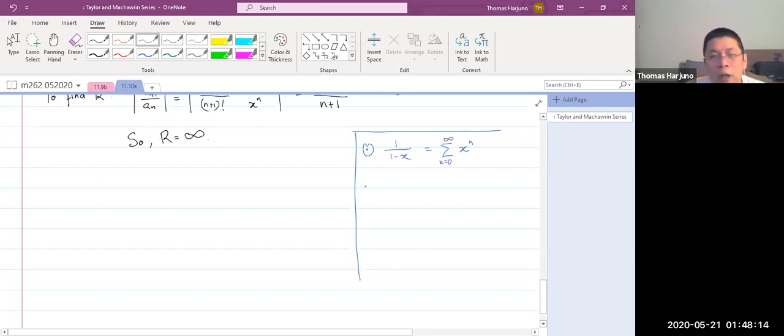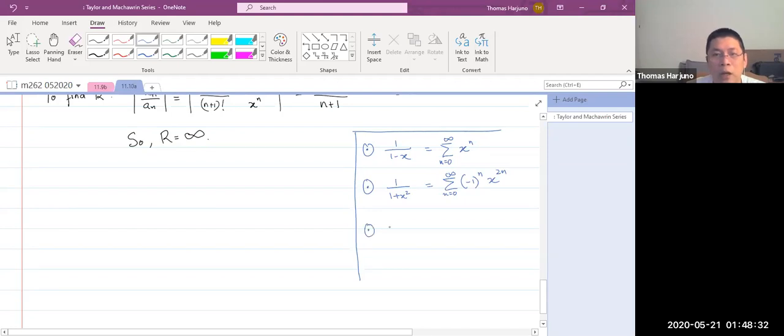And then of course 1 over 1 plus x squared, that's the alternating series for x to the 2n.